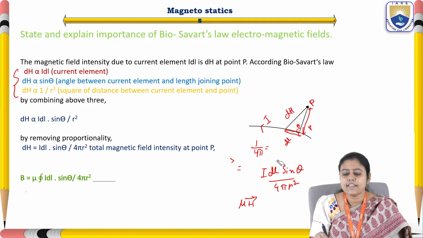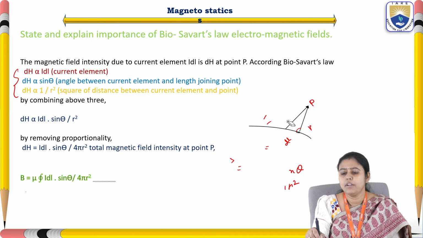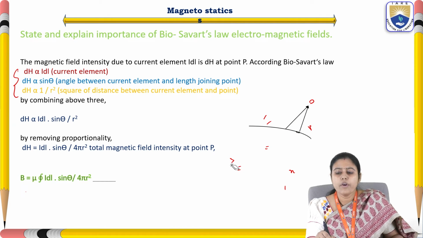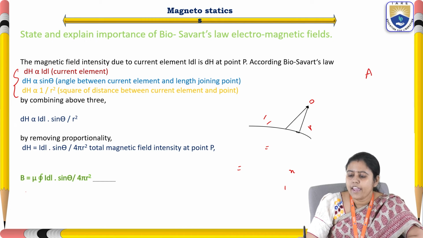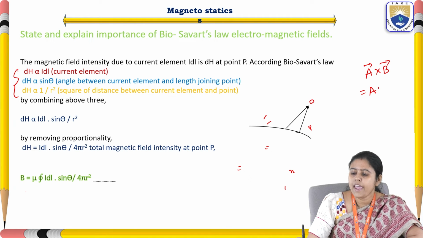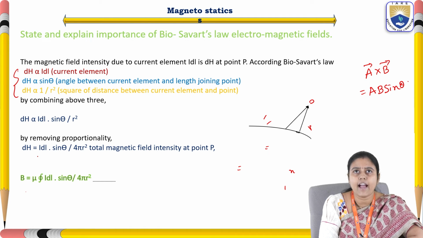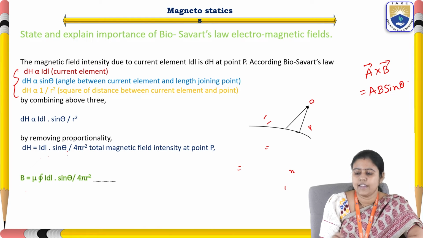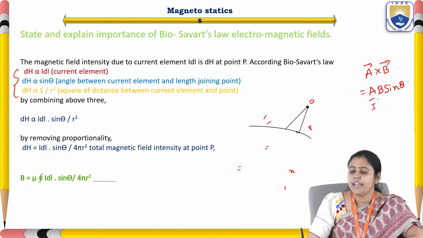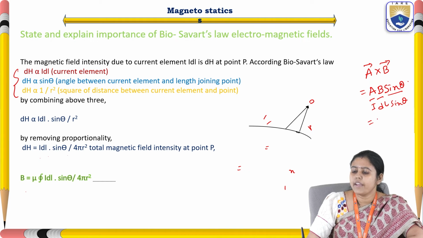Now, if we write it in the vector form, what will happen? We know that A cross B is equal to AB sine theta. So here we are getting I dl sine theta, and we can write it as I cross dl.